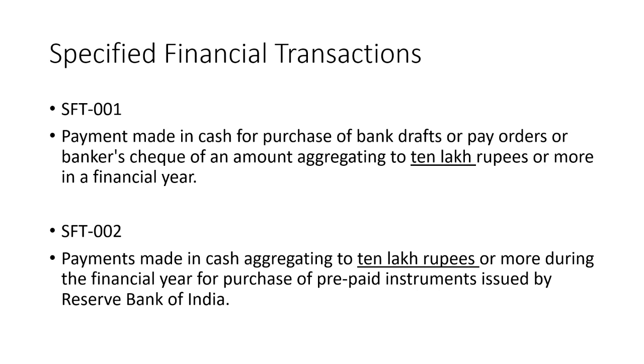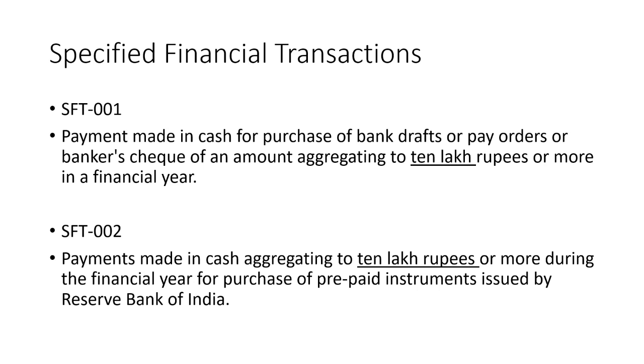The bank automatically has to get the PAN number, and this information is required to be submitted by the bank, as non-compliance on the part of the bank will be a serious offense, I tell you. Cash amount aggregating to 10 lakh rupees or more in a financial year. That is SFT, Statement of Financial Transaction 001.